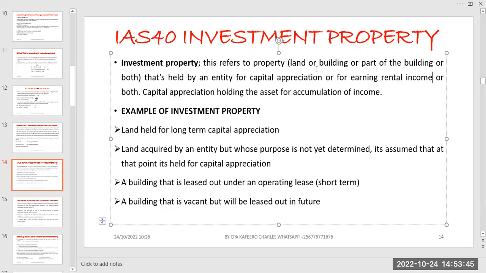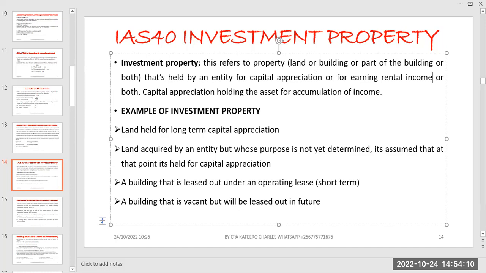At that point we say it is bought for capital appreciation, even if that is not the intention, that's how it's going to be accounted for. Then we have land acquired by an entity whose purpose is not yet determined.